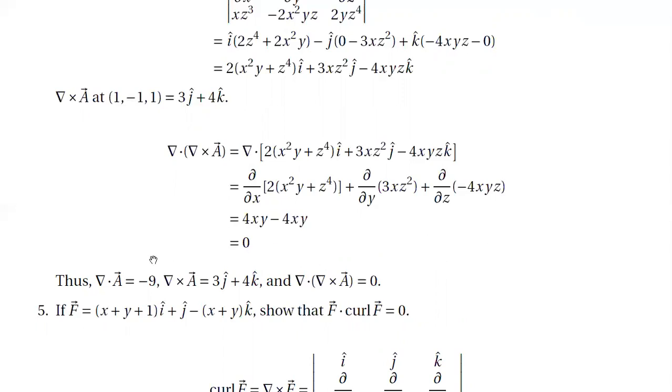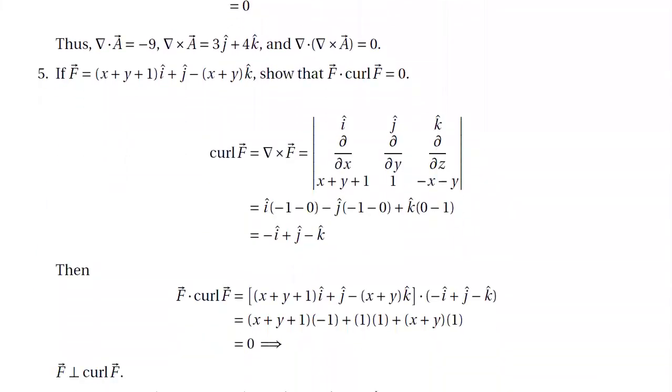So the value of divergence of vector A at the given point, that is at the point (1, -1, 1), is equal to minus 9, and curl of vector A or del cross vector A is equal to 3j plus 4k at this given point, and divergence of curl of vector A is equal to 0.